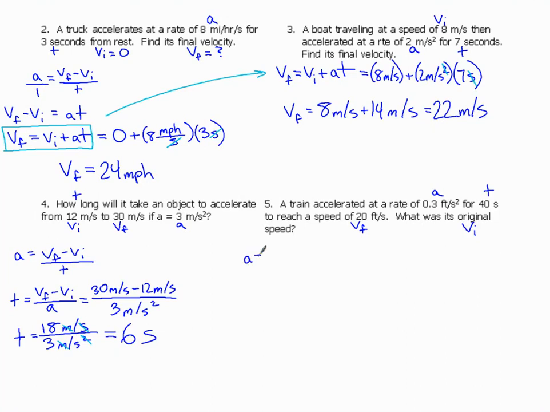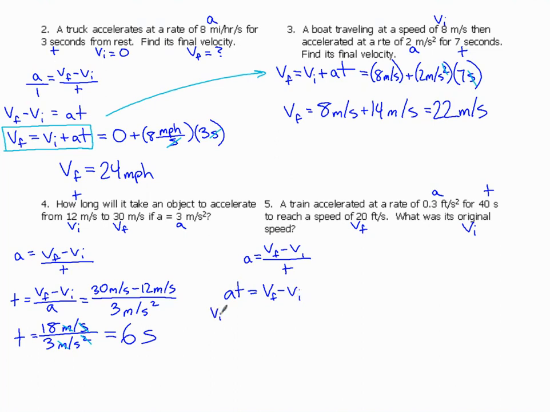So we're going to start with our acceleration formula, final velocity minus initial velocity over the time. And we're going to solve for initial velocity. So what I'm going to do here is multiply both sides by time. That's going to get rid of it on the bottom, and time will be over here with the acceleration. Acceleration times time equals final velocity minus initial velocity. Then I want initial velocity all by itself, so I'm going to add it to both sides.